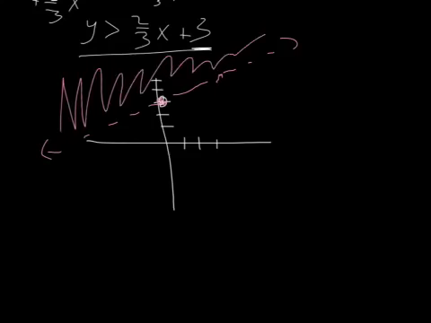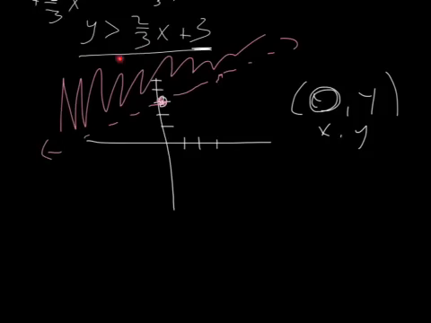And I'm going to go ahead and pick a different test point here, because you don't have to pick 0, 0, you could pick any point. Let's pick 0, 4 as our test point. So if we plug these values into our original inequality, we're going to get 4 is greater than 2/3 times 0 plus 3.